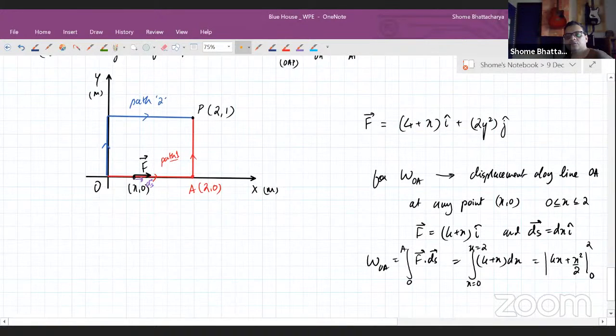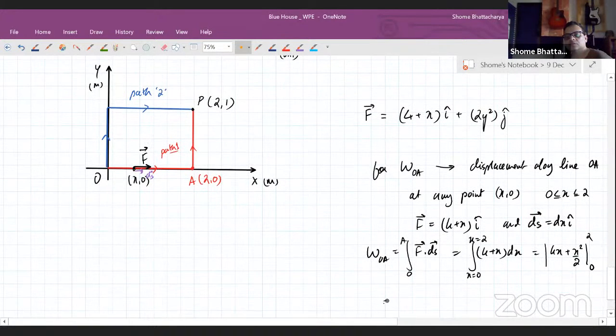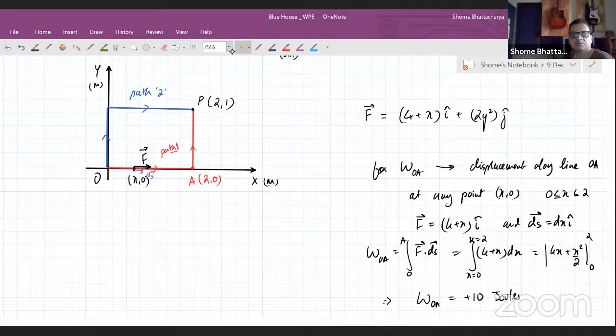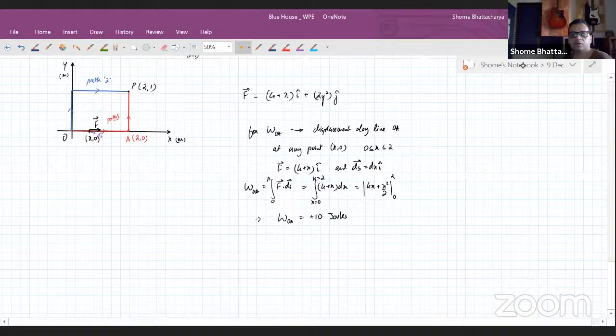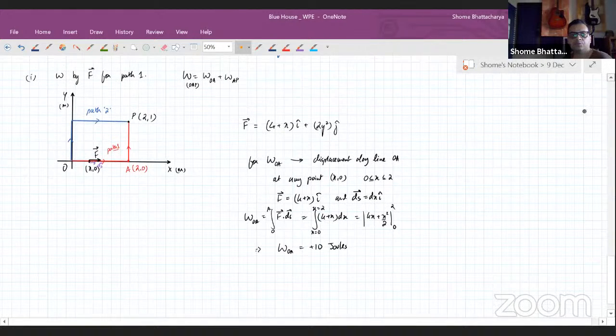So the work done during this section of the path becomes 8 plus 2, so it becomes plus 10 joules. That is the work done from O to A. So just make a note of this section first, then we'll discuss how to calculate the work done in the second part of the path, that is from A to P.